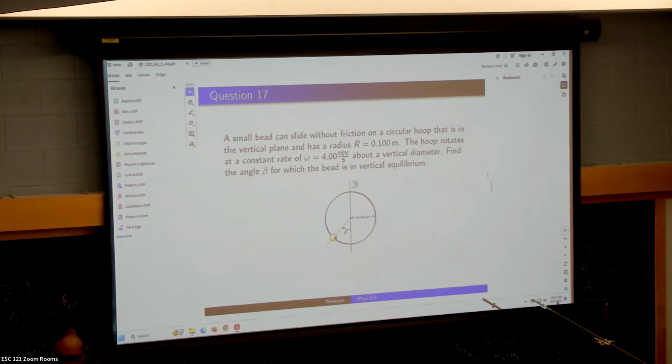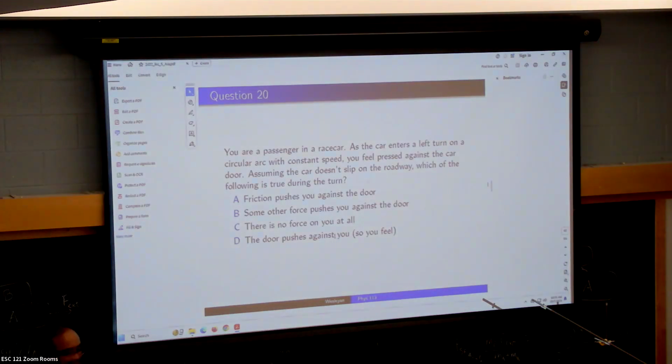Actually, wait, hold on one second. Let me see if that's the best. No, okay. We usually talk about banked curves. Okay, well, first talk about this very briefly, and then talk about banked curves.